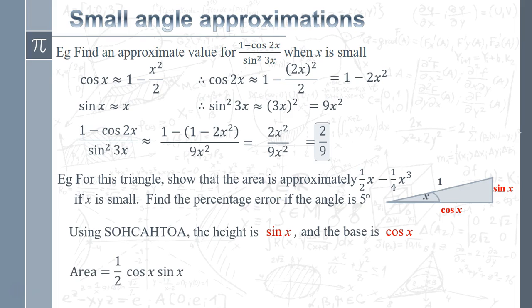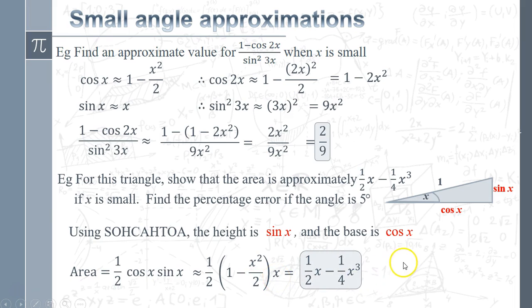The area of the triangle is half base times height, and it's at this point we can now do our replacements for cos x and sine x using our approximations. So we've got half cos x, which is 1 minus x squared over 2, and there's our approximation for sine x. Multiply it all out, and you end up with the result that we were working towards in the question.